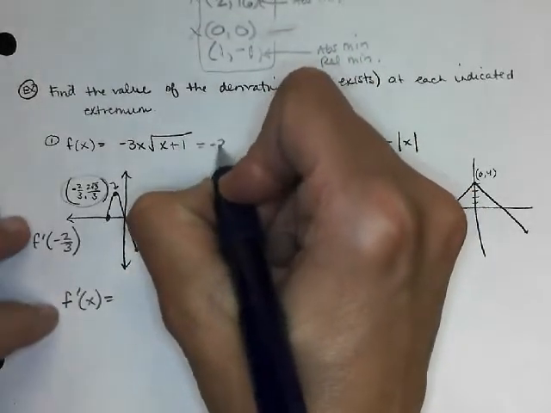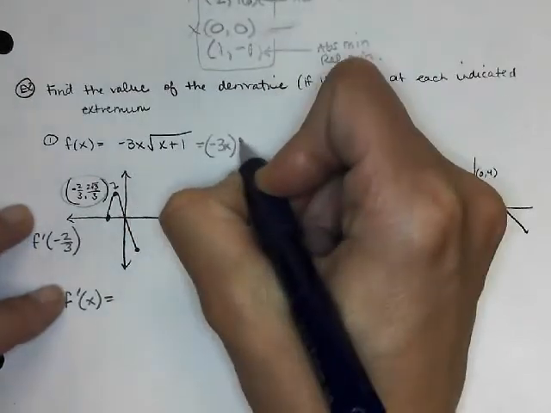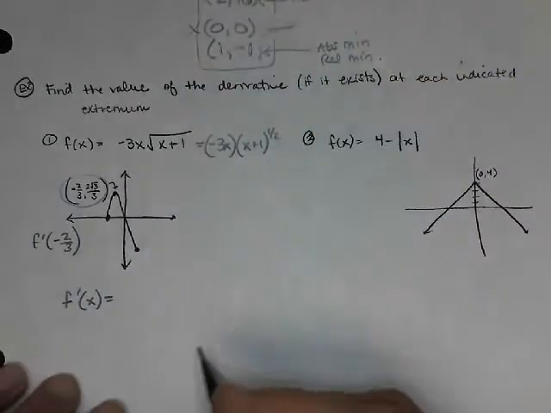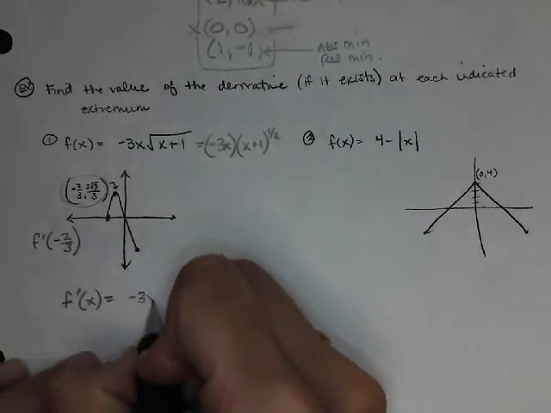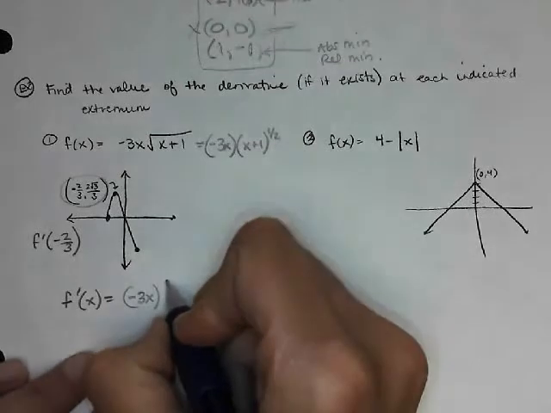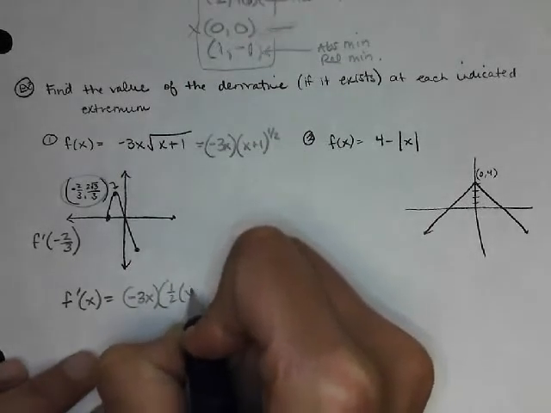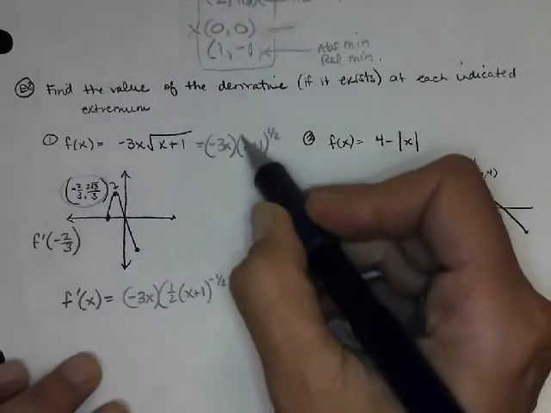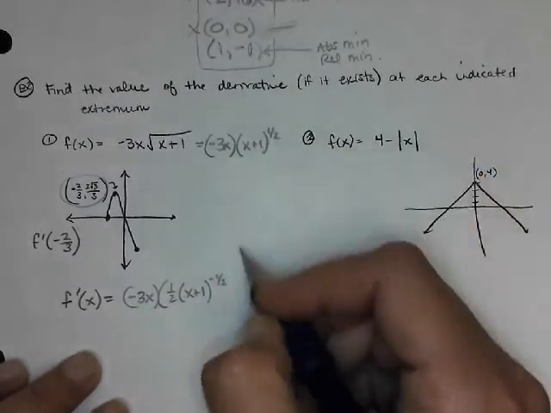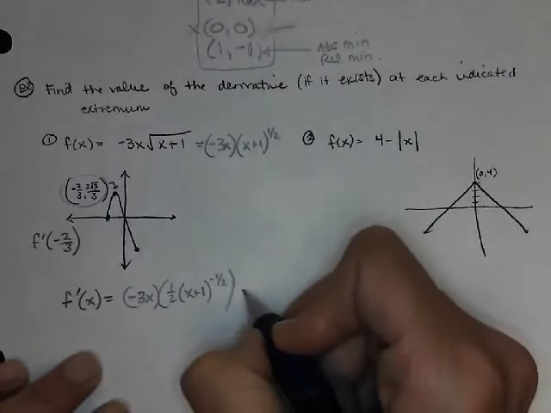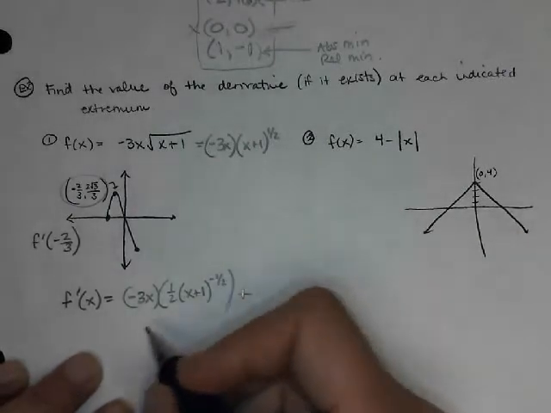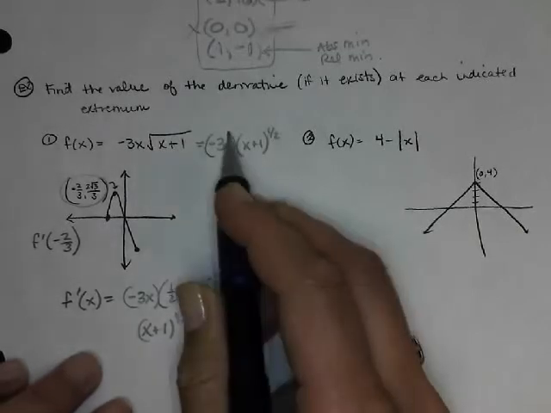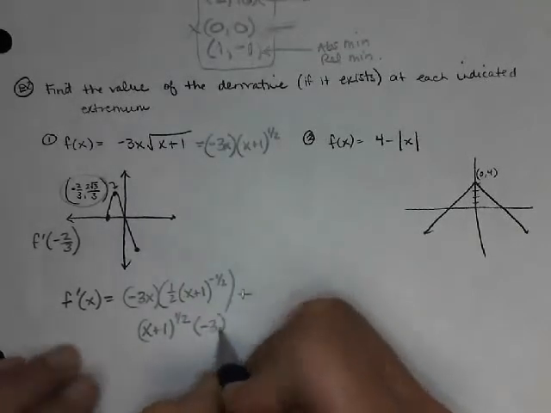I'm going to rewrite this as negative 3x as my first, and x plus 1 to the 1/2 power as my second. So first times derivative of the second, so the 1/2 would come out in front of the x plus 1, which we would drop to a negative 1/2, times the derivative of what's inside would just be times a 1, so I don't need that, plus the second times the derivative of the first, which would just be negative 3.